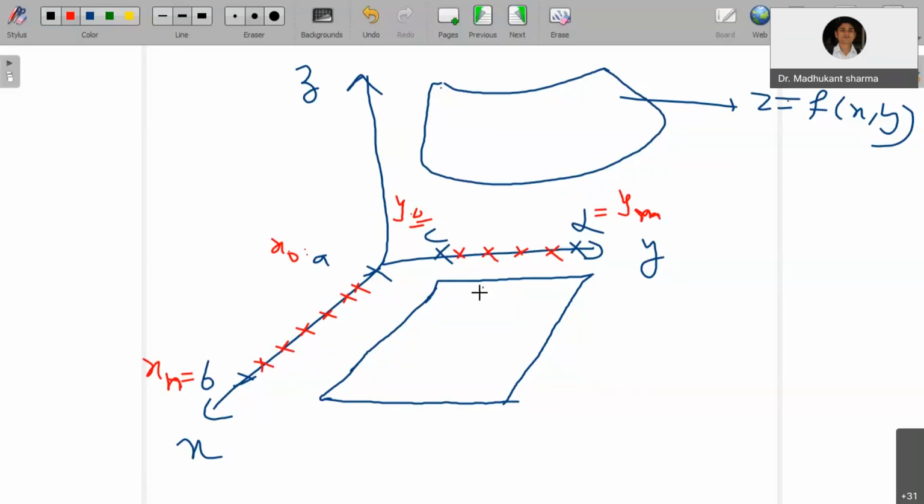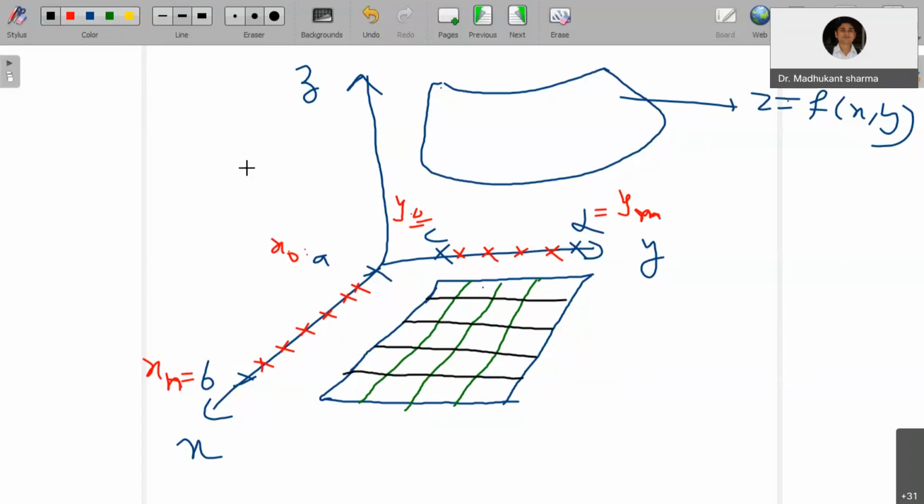Okay, and then you are making the lines. So let me draw. You will get rectangular grids.